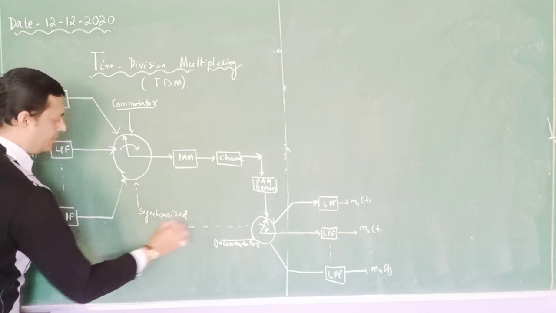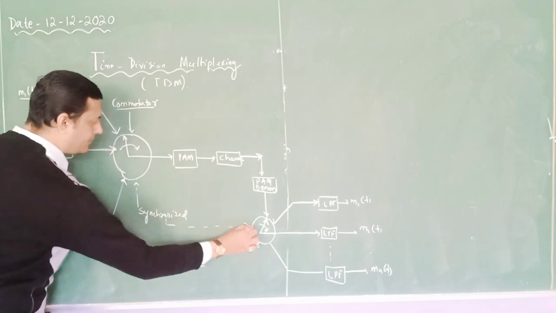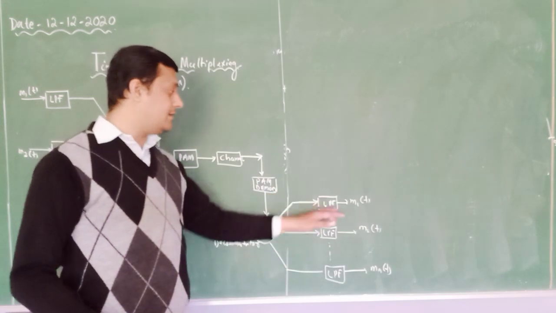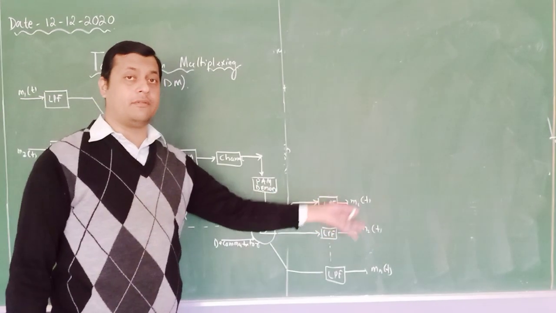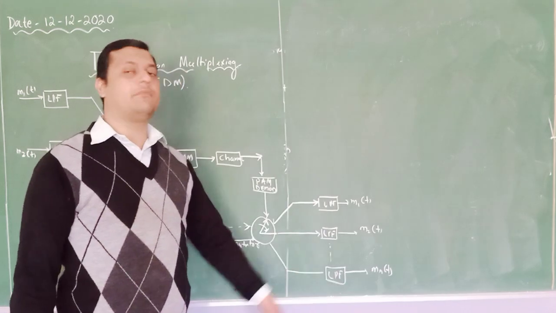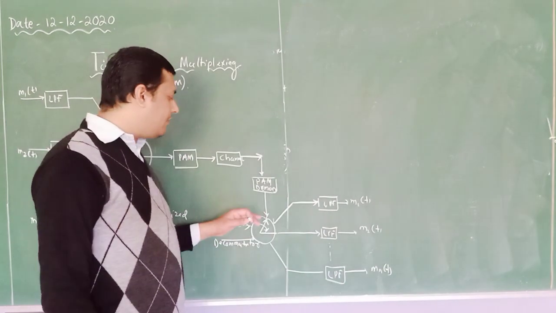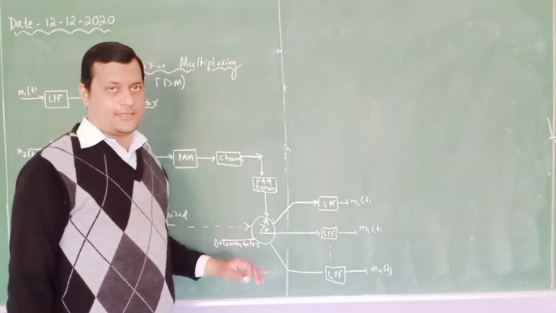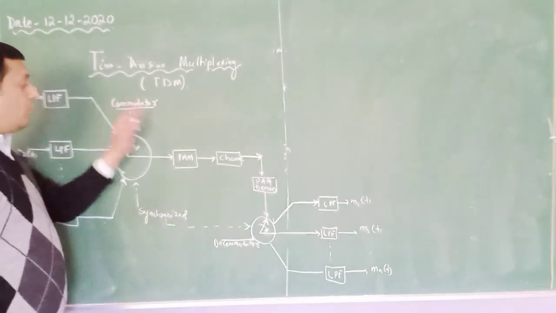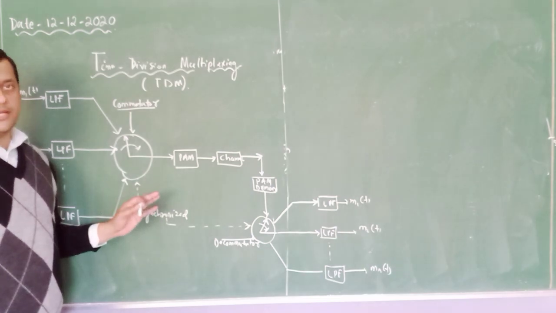Okay, are synchronized. If it is not synchronized, we cannot expect that at this particular point M1 will be available, M2 will be available, or Mn will be available. We need to identify the synchronization, and this synchronization is done for the whole time division multiplexing process.